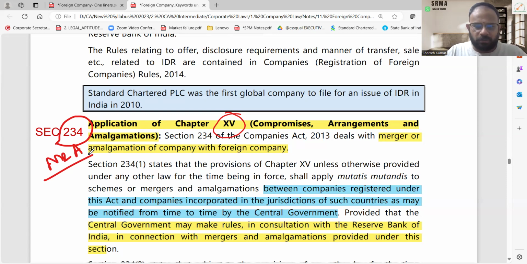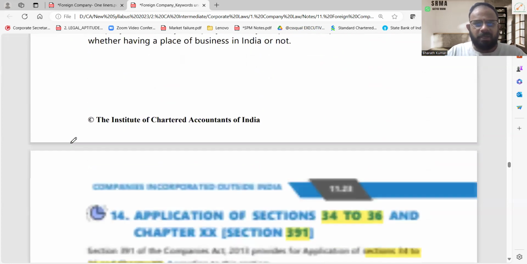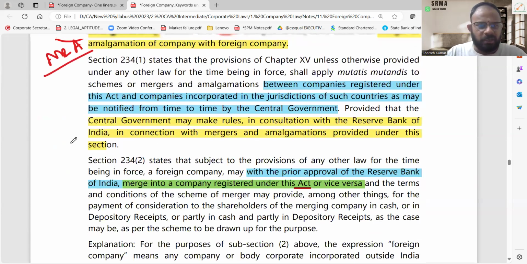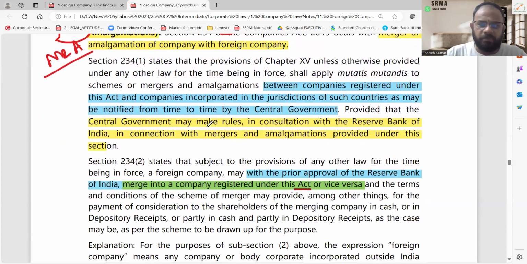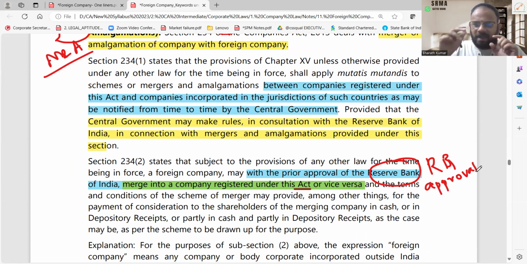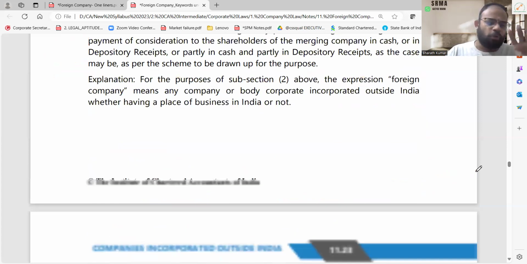So this is going to be the point. Remaining, obviously, if you go for mergers and amalgamations, you will have to get prior approval of RBI. Nothing else. You know why I am taking all this in a quick way? Because you don't need to sit and meddle with it. Only keywords, wherever I am writing, you write in the notebook, study for half an hour. I think it should be more than enough.